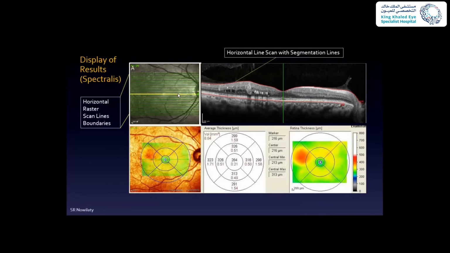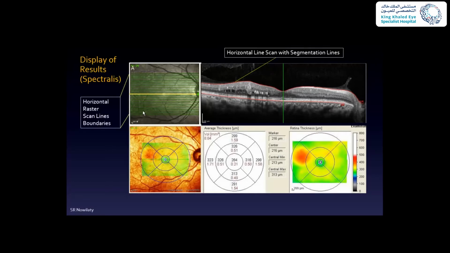This is very important because you're going to need this. You have to know that the arrow always points towards the right when you examine specific line scans here. It will also show you where the segmentation lines were placed. So here, this is a line scan within the volume scan at this level.